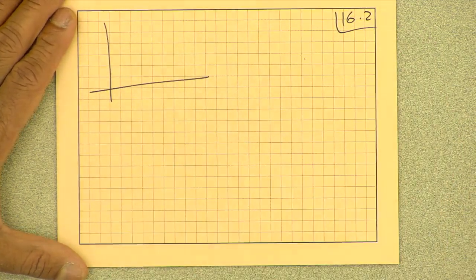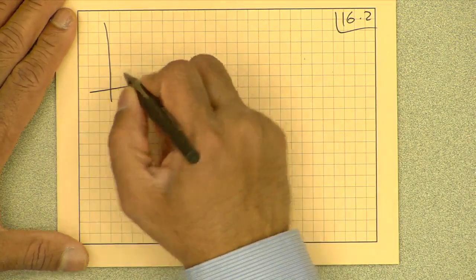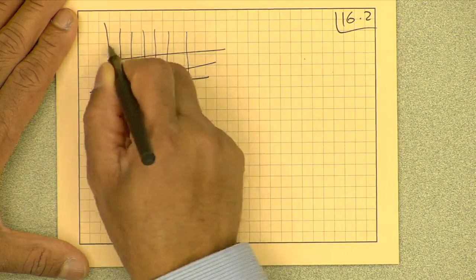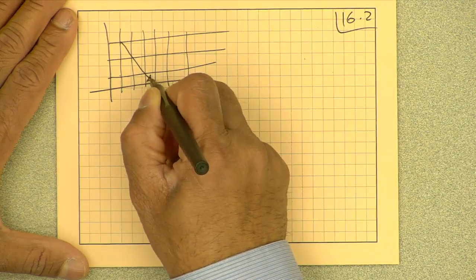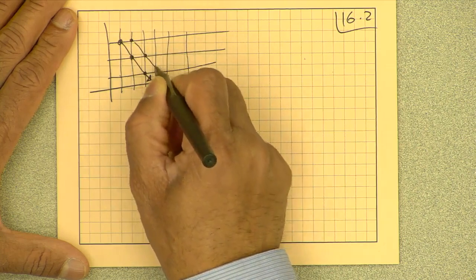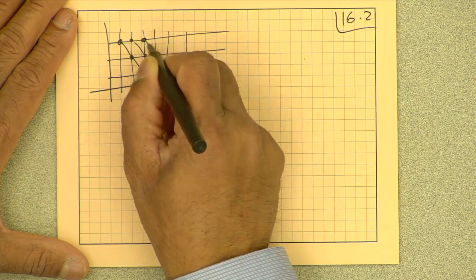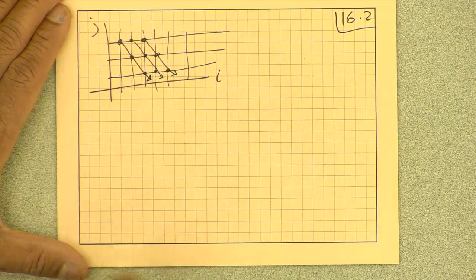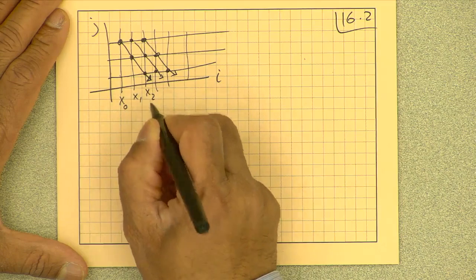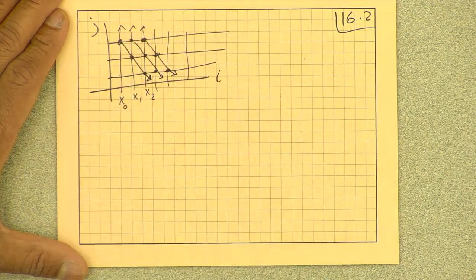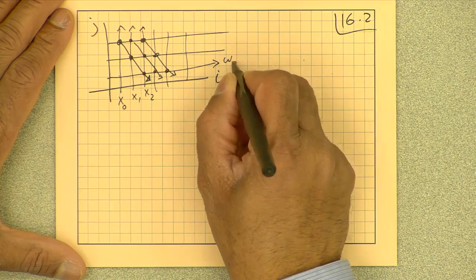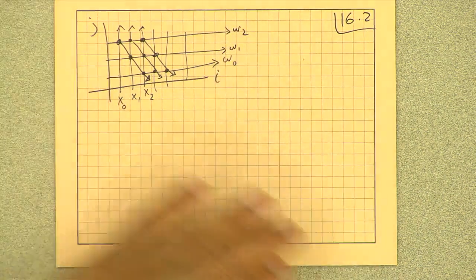So if we start with the initial dependence graph, let's say the inputs are x0, x1 and x2, going up through this, and the weights are W0, W1, W2.